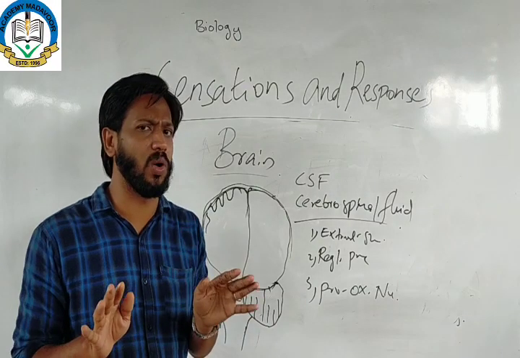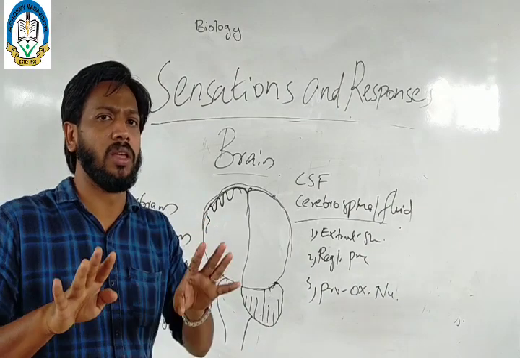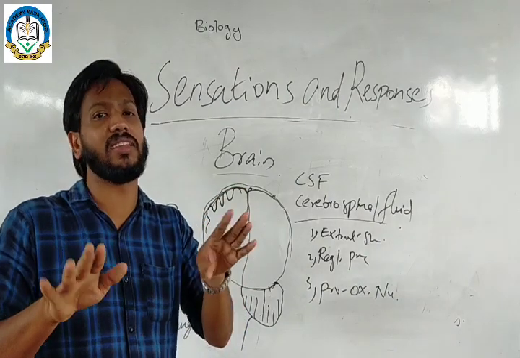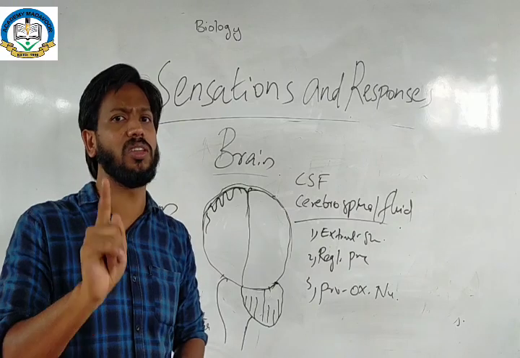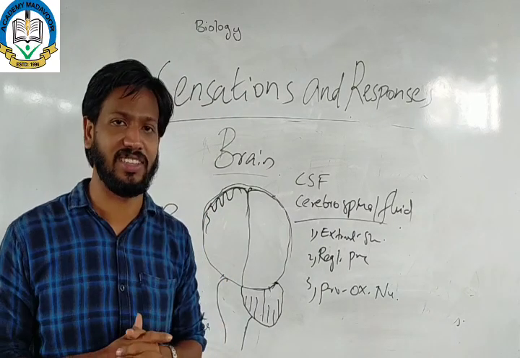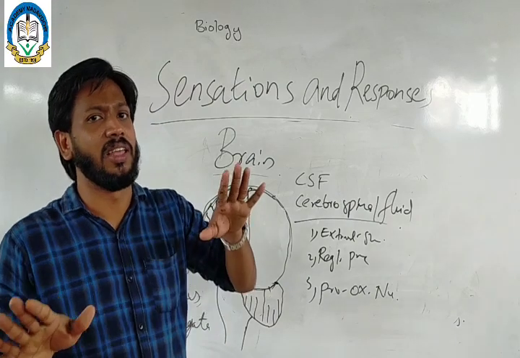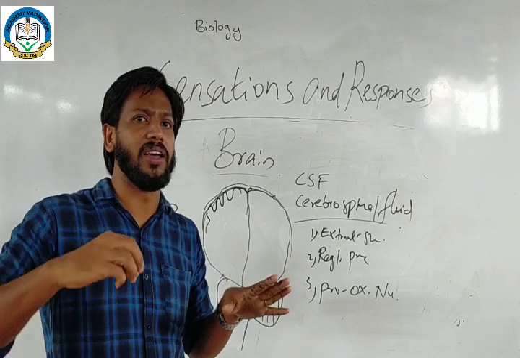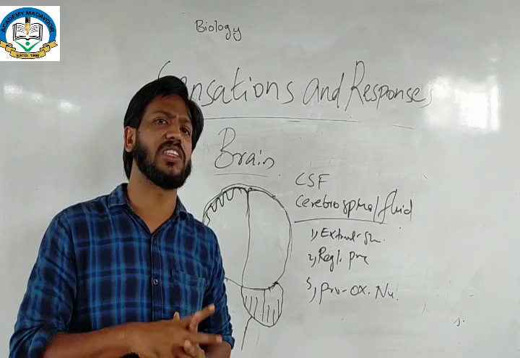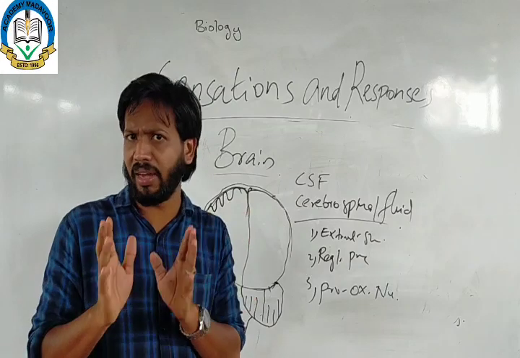Hypothalamus, the function is maintaining homeostasis. What is homeostasis? That you already studied in 9th class. Maintaining actually removal of unwanted substances from our body as a result of metabolic activities, anabolism and catabolism.